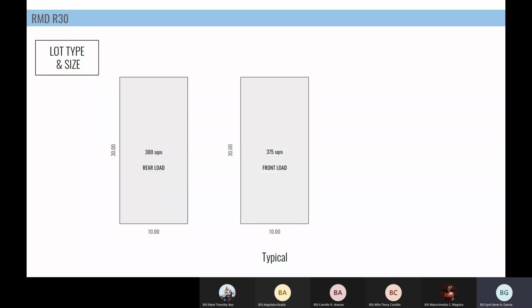We also have a 10 by 30, with a typographical error, that has to be 300 square meters only, and it is front load. The third lot is 15 by 20, also front load, and its area should also be 300 square meters. I apologize.